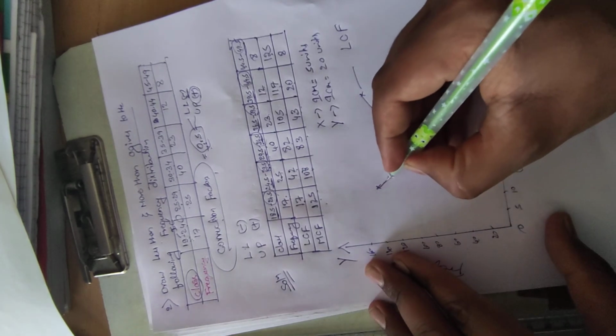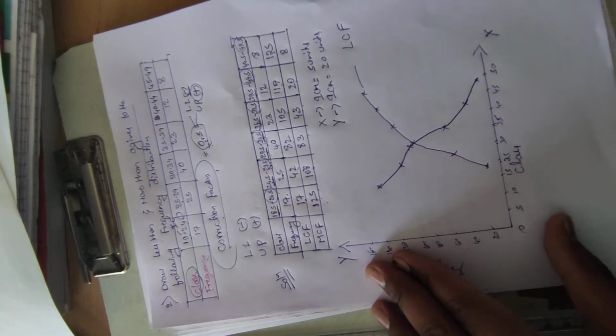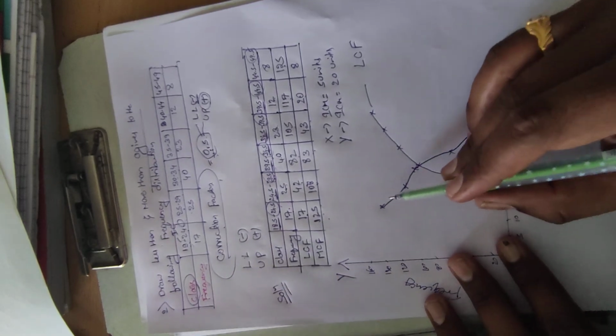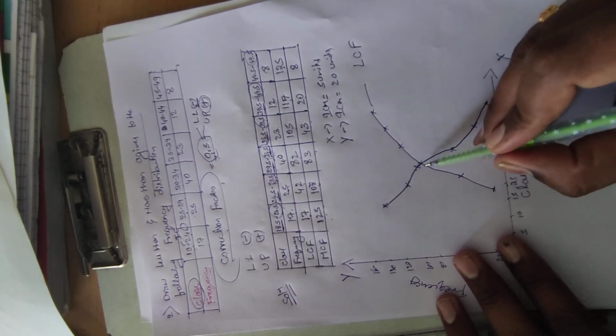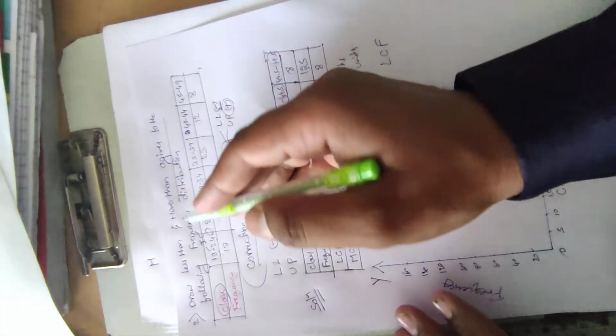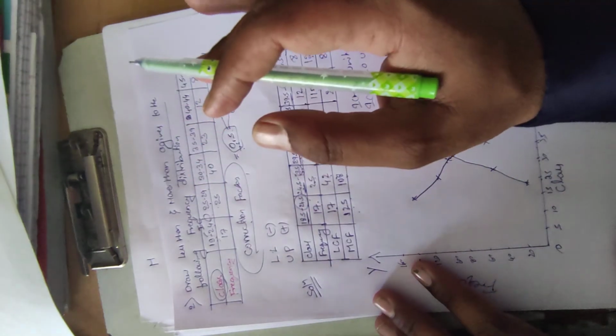Next we have to draw this one. In this problem, they are not asking about identifying or locating the median. If they are asking to locate the median, the intersection of LCF and MCF is called the median. In this problem, they are not asking about the median or Q1 or Q3.